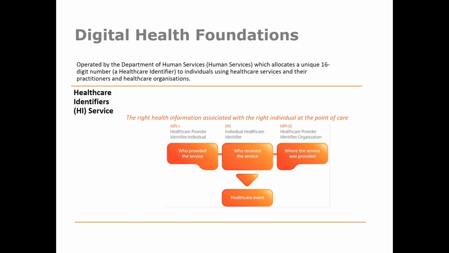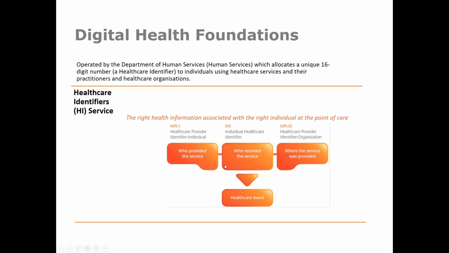They do not need to know what it is, because the software will pull it in once everything is connected correctly. And by that, I mean conformance software. Then there's an organizational number called a HPIO, so where the service was provided, and a clinician number called a HPII. So essentially, who received the service, where was it provided, and who provided it, and then what was the event that happened.